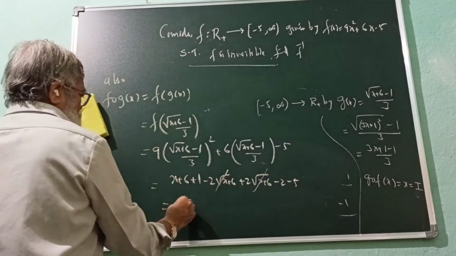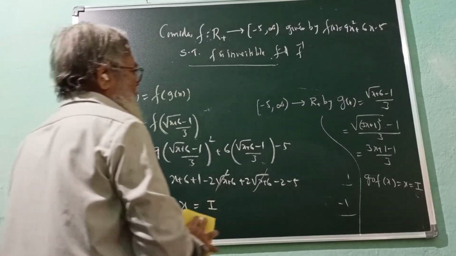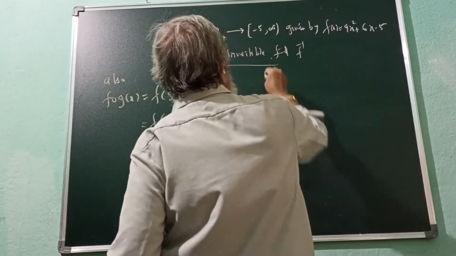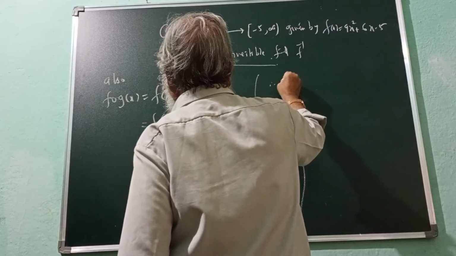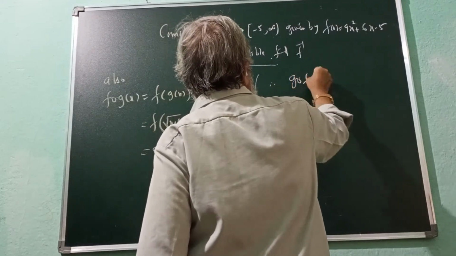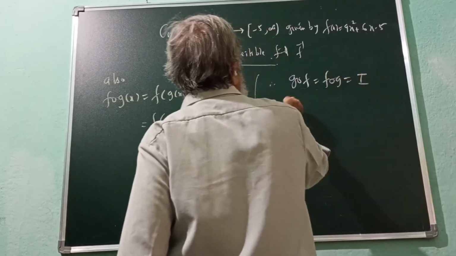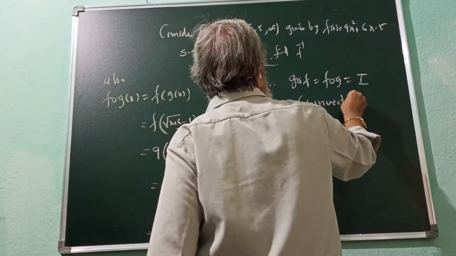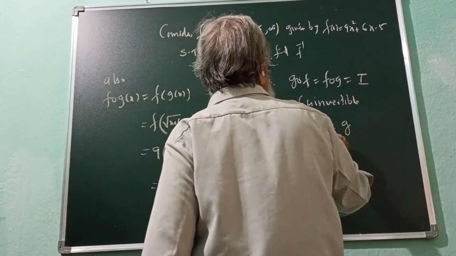So remaining is x only, that is nothing but I. Therefore we write here f composition g is equal to g composition f is equal to I. Therefore f is invertible and the inverse of f is equal to g, that is the required answer.